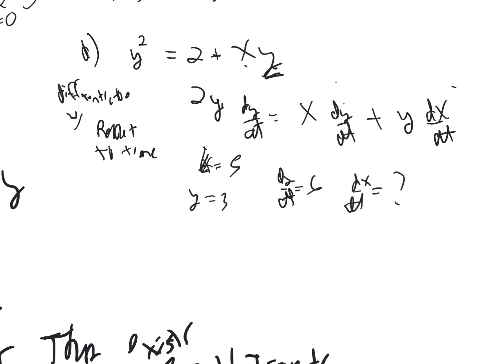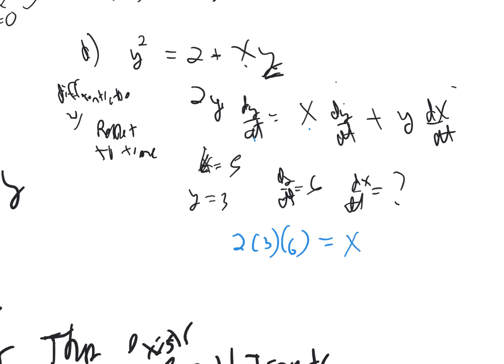I know there's a 2 times my y, which is 3, so that's 2 times 3, times my dy/dt, which he said was 6, equals the x.